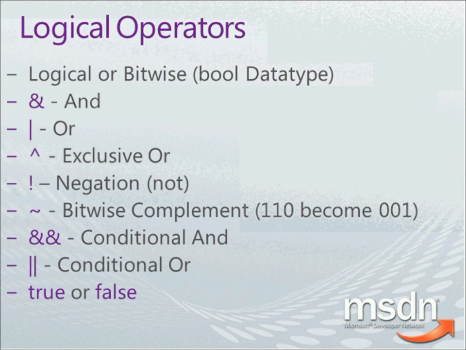In a branching decision, you have an expression that is either evaluated to true or false, which happens to be the Boolean data type. So the Boolean data type is a 1 or a 0 kind of value. Technically, it's a -1 or a 0.